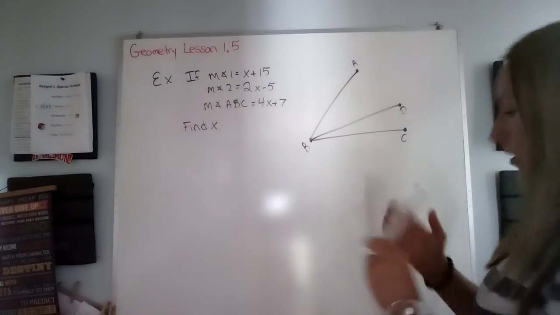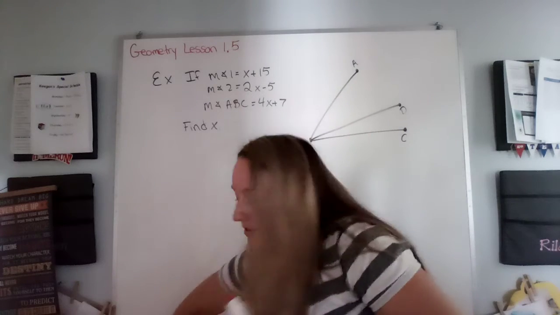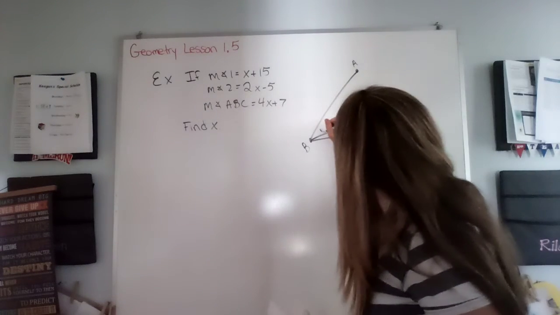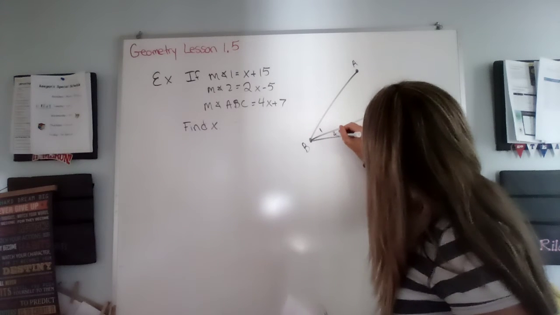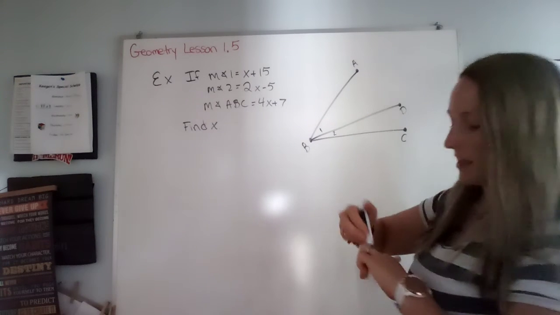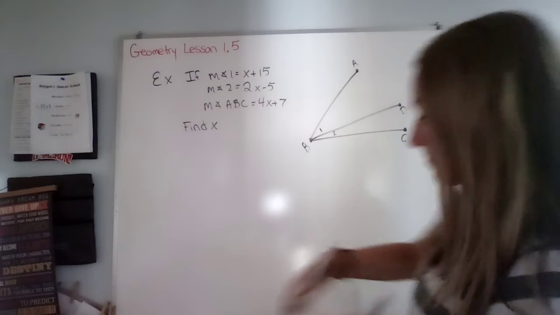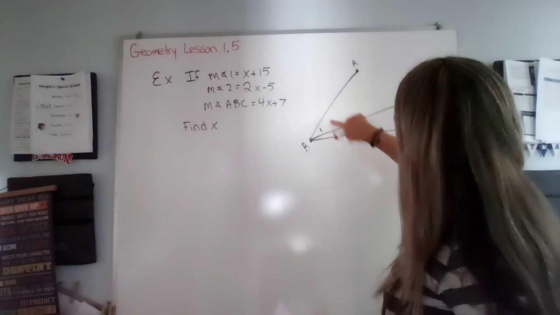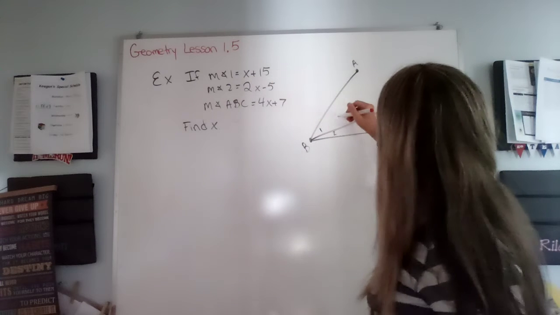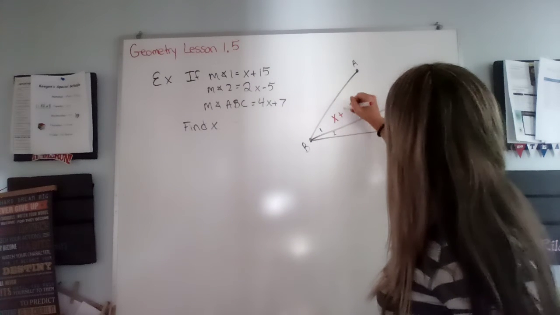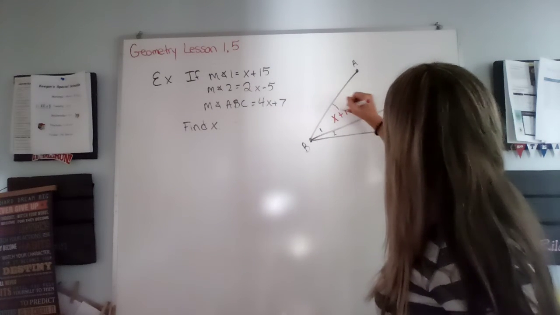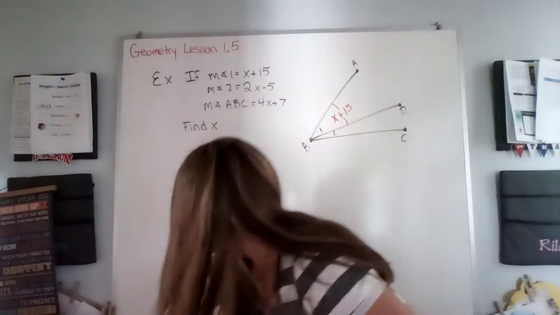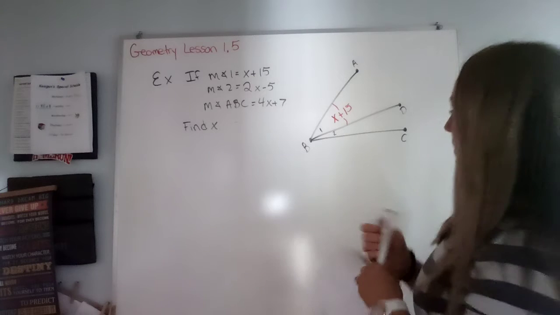Okay, so, I forgot to add the 1 and 2 as well. This is angle 1, and this is angle 2. Again, that was given. I'm not just making that up. That was given for this problem. Okay, so the measurement of angle 1, this angle right here, that's given as x plus 15. Then you're told that angle 2 is 2x minus 5.